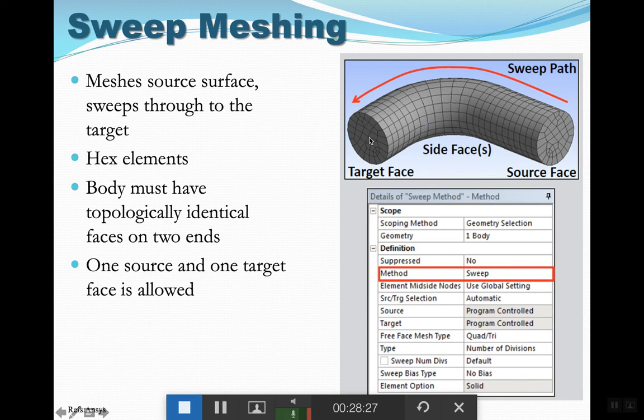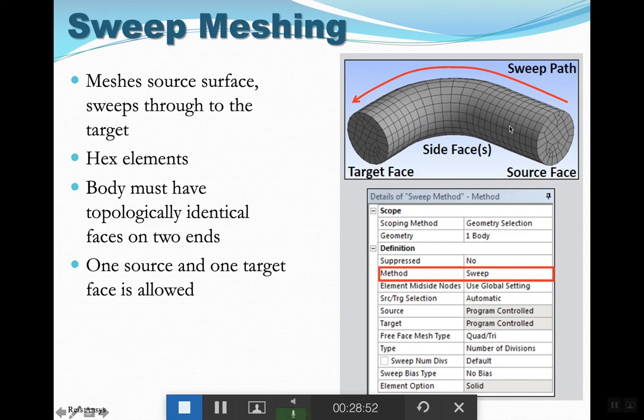So in sweep meshing, you mesh the face at one end, then start copying that mesh at predefined distances. This will ensure wherever you cut, you will see the mesh that you have created. For that, you have your source face, destination face, and the sweep path.